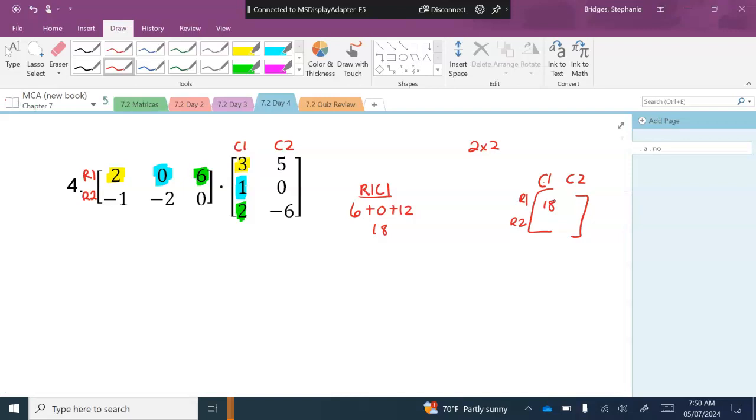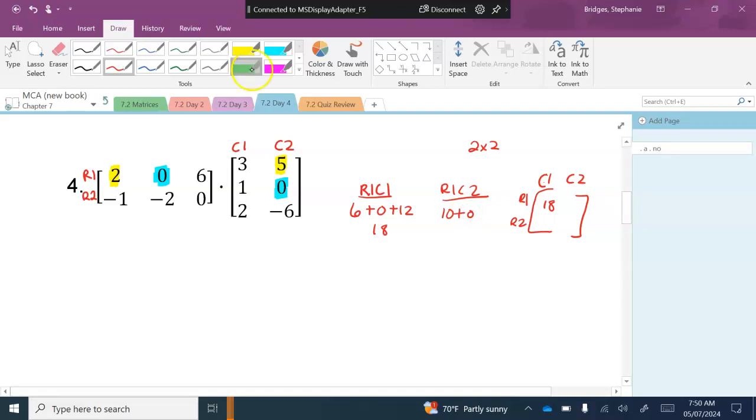Okay. We're going to do the same thing, but we're going to go row 1, column 2 this time. So we're going to start 2 times 5. That's 10. Then we're going to go across and down, multiplying those. 0 times 0 is 0.